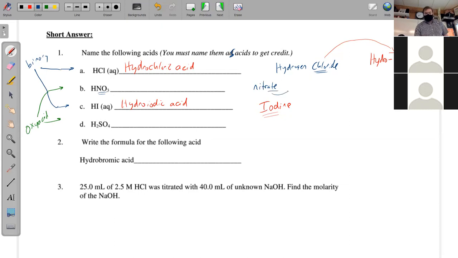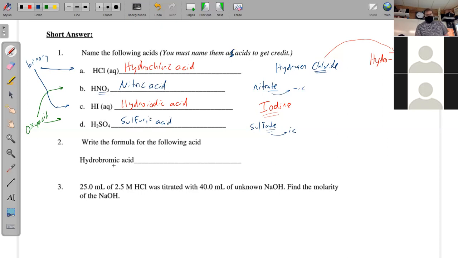So instead of nitrate, it's nitric acid. The SO4 is the sulfate anion. So instead of ate, that changes to an ic. But sulfur is one of these exceptions. We don't say sulfic, but sulfate comes from sulfur, and it's sulfuric acid. So, you know, we named stuff back in February or so.